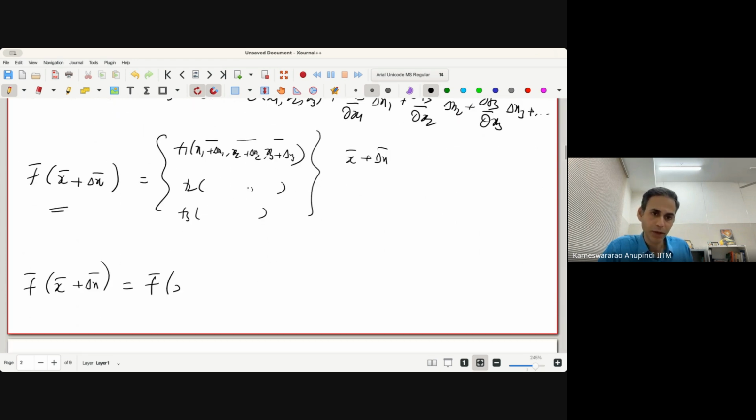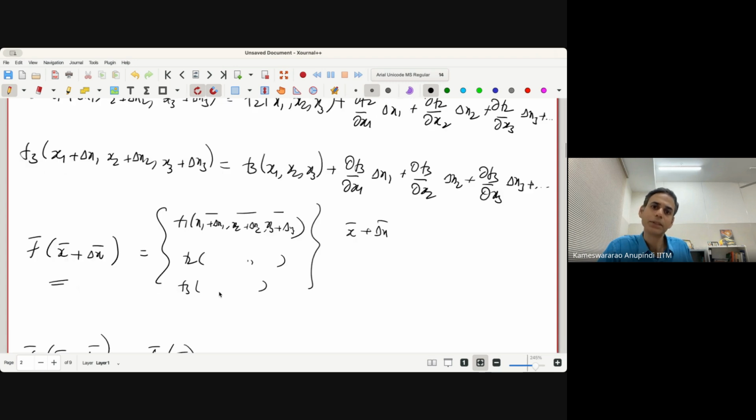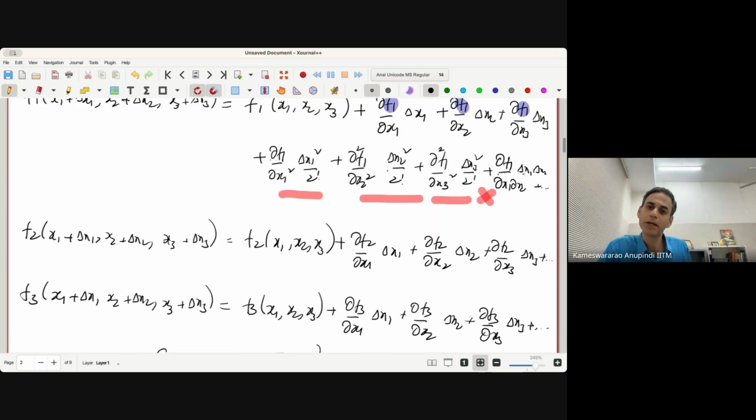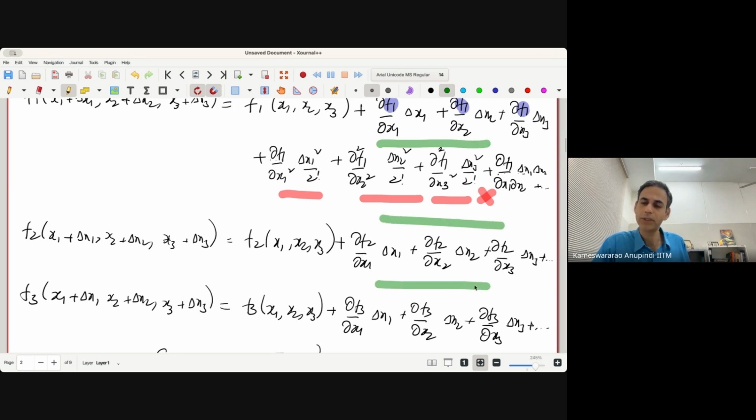So this is going to be f bar of x bar plus, you can see there are three terms in the first row, three more terms here, and three more terms here. So I have a total of 9 terms. But one thing that is common is that they're all multiplied by delta x1, delta x2, delta x3.